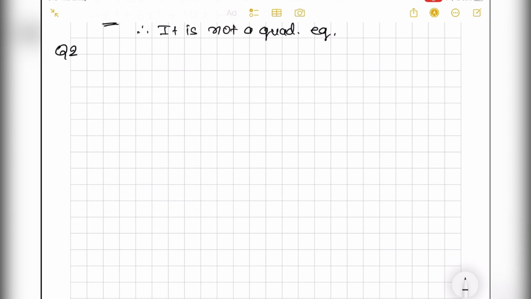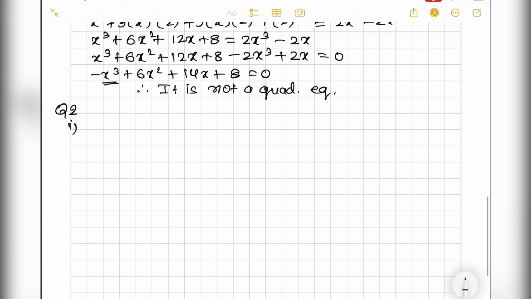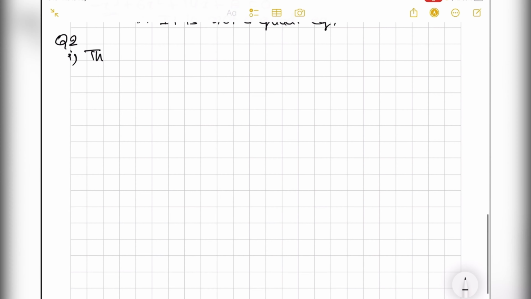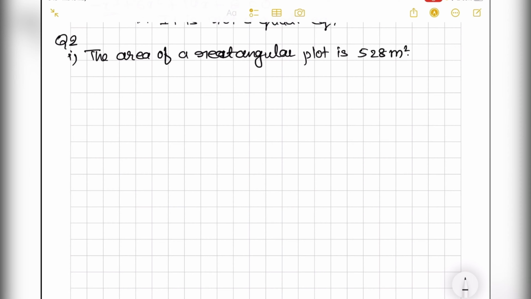Question 2 says, represent the following situation in the form of quadratic equation. The first one is: the area of a rectangular plot is 528 meters square.